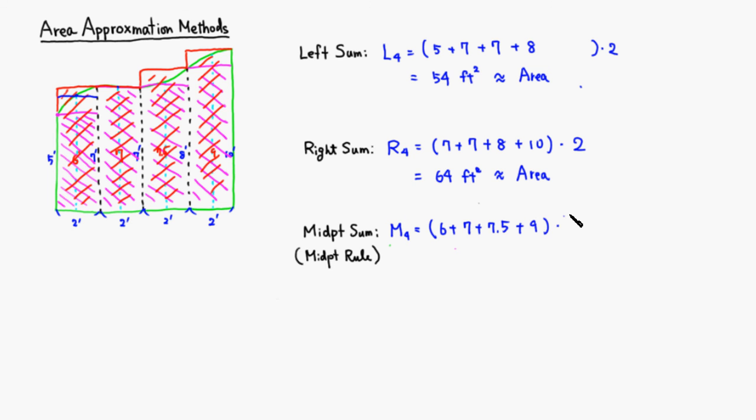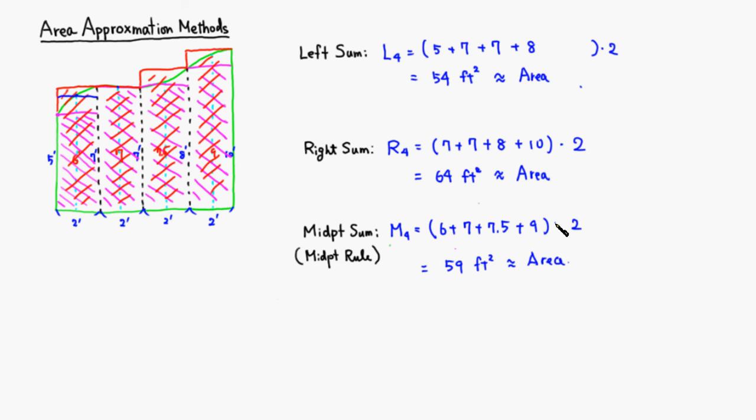Width is, again, 2, which came out to be 59 square feet. This is another approximation for the area. Notice that this is not the exact area, these are just approximations, but for the purpose of buying seed, this might be sufficient.